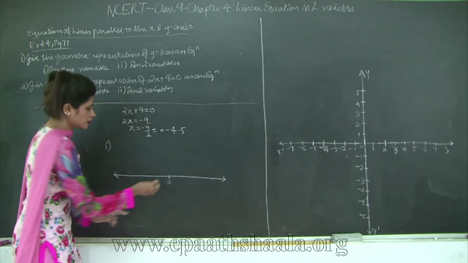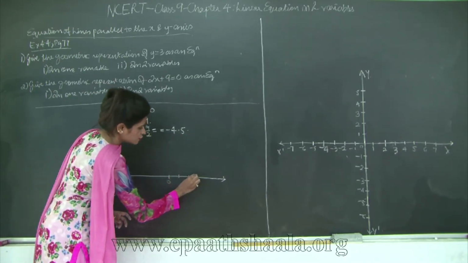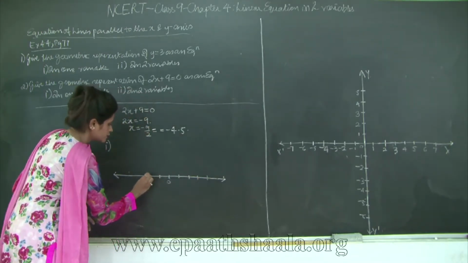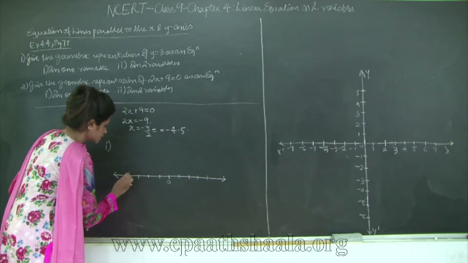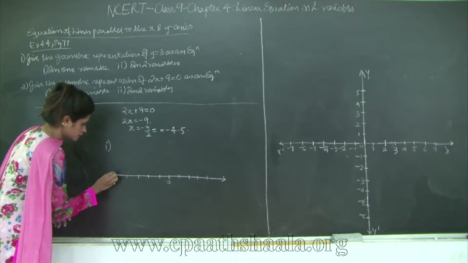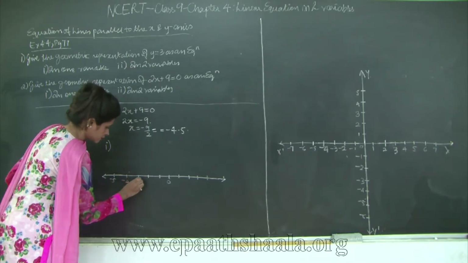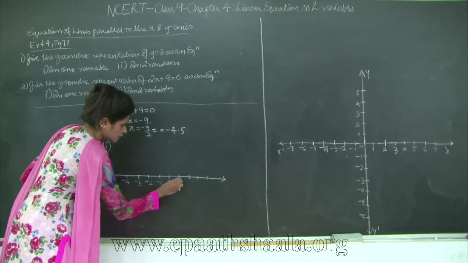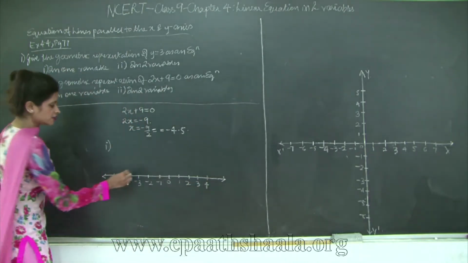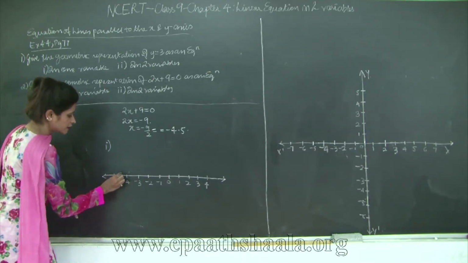So, I will take units of 1, 2, 3, 4, 5. So, plotting minus 4.5 is going to lie exactly between minus 4 and minus 5.